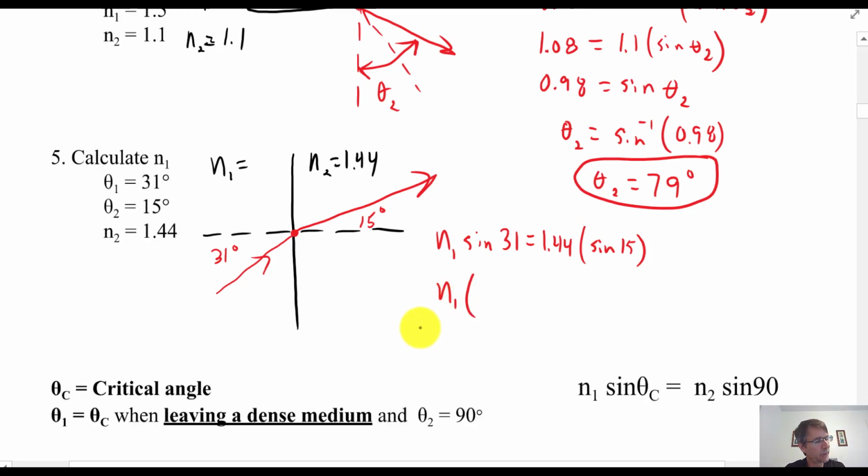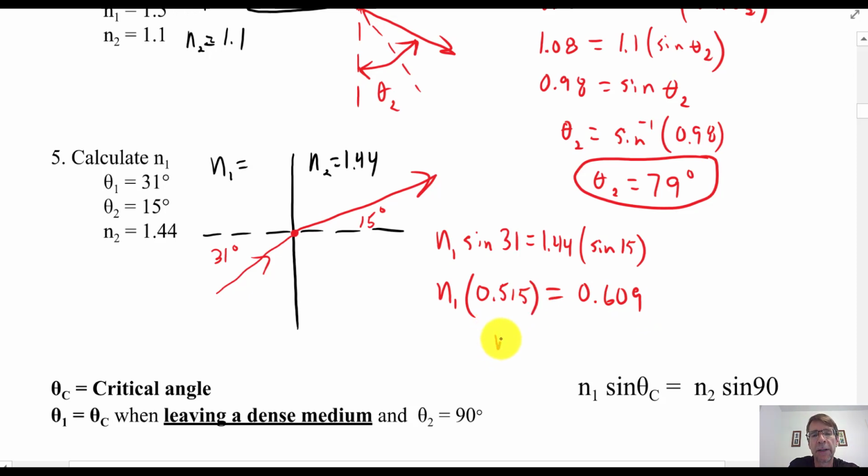Sine of 31 is 0.515. 0.515 equals, and then you take the sine of 15 times 1.44, that comes out to be 0.609. So I took the sine and multiplied by 1.44.